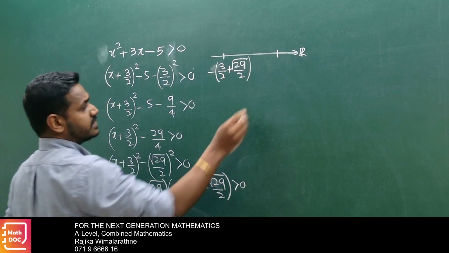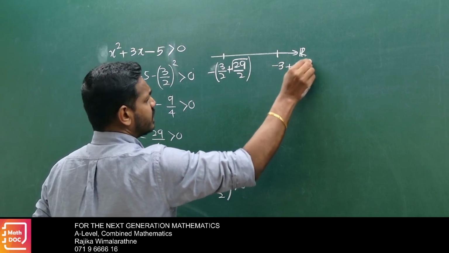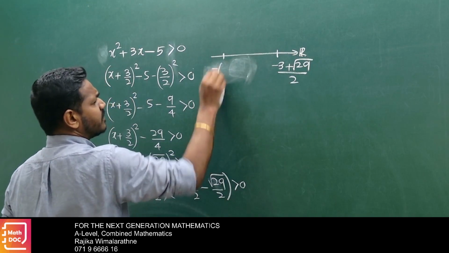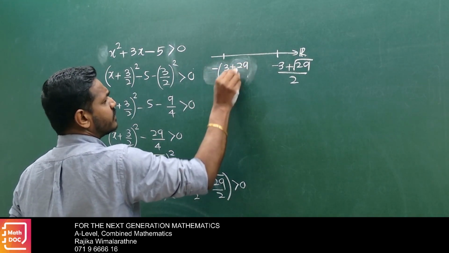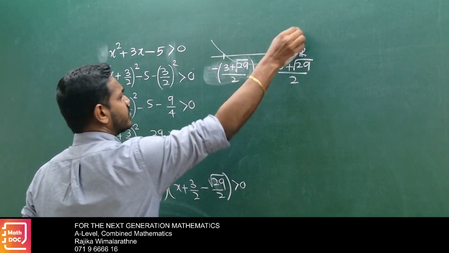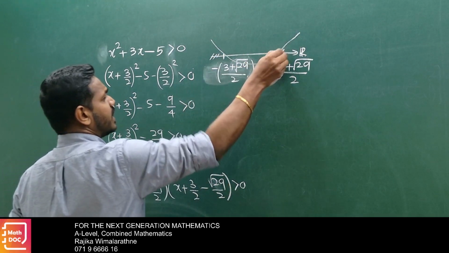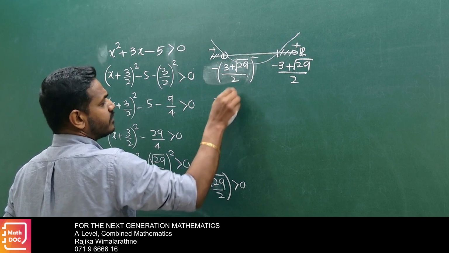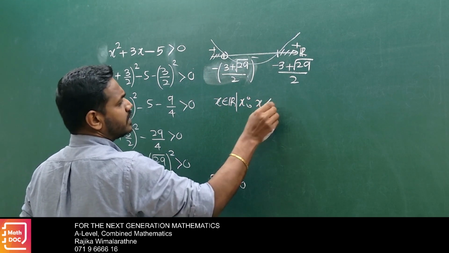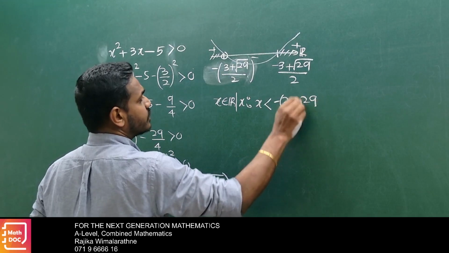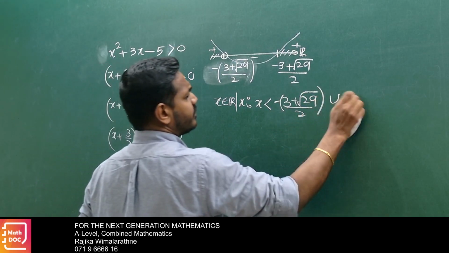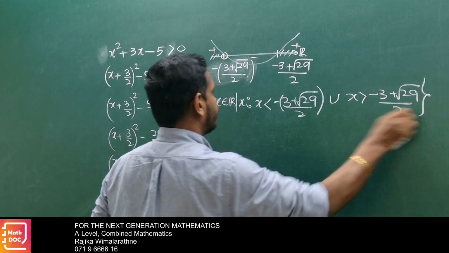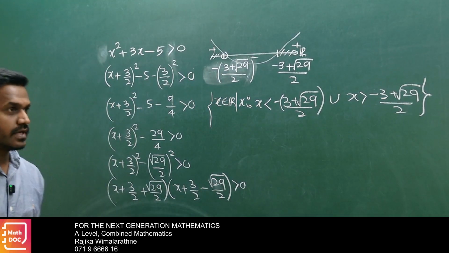Then the other one, −3/2 + √29/2. Let's write at once. Then the positive region is here and here, no? Then x element of the real set, x such that x < (−3 − √29)/2 union x > (−3 + √29)/2. Complete.